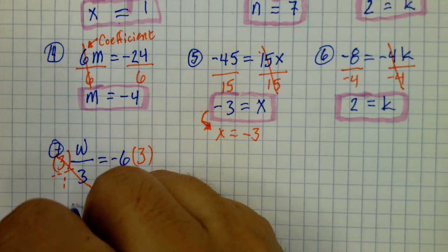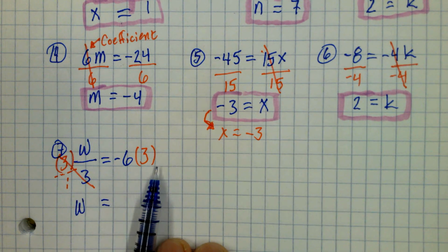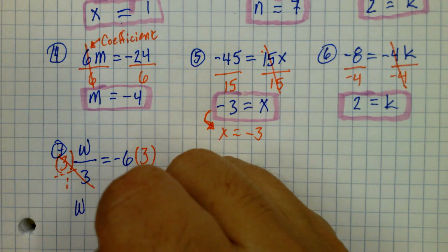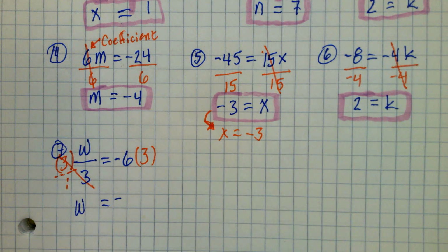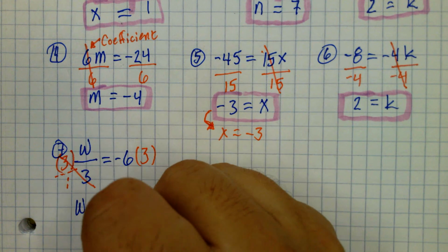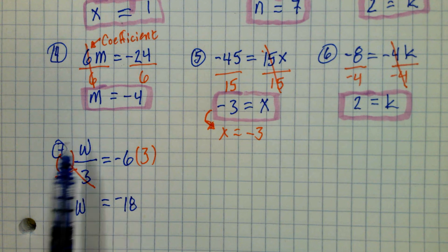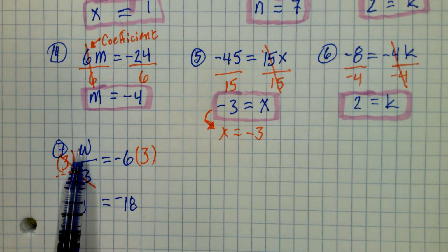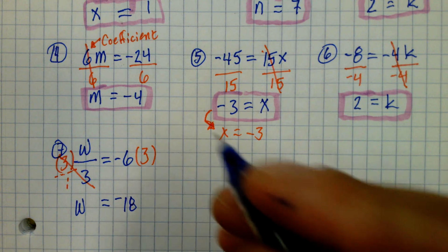And I'm left with just w equals whatever negative 6 times 3 is. We're multiplying this time, not dividing. So it's negative 18. And it works out because if I replace w with negative 18, I get negative 18 divided by 3, which is negative 6.